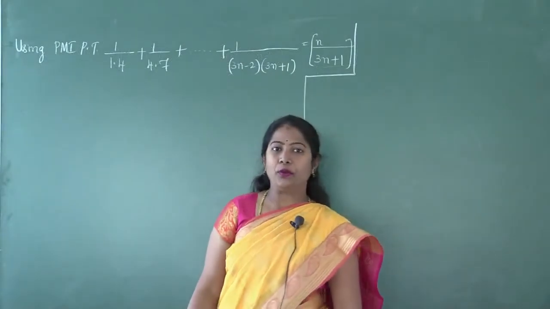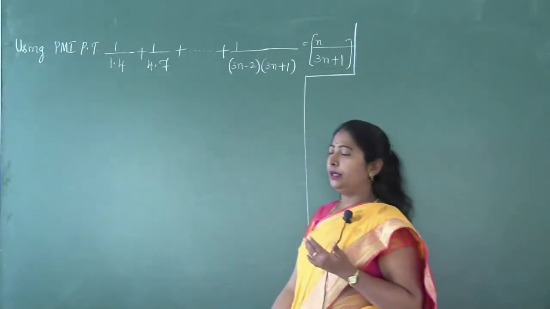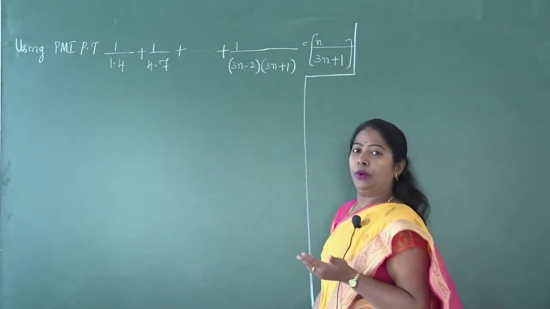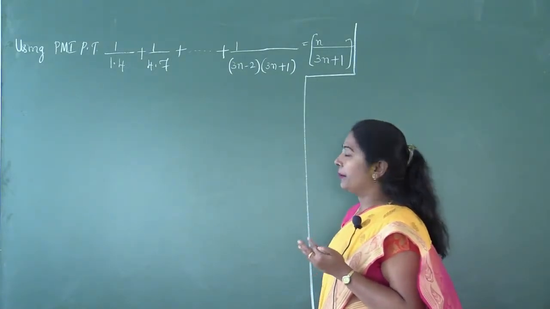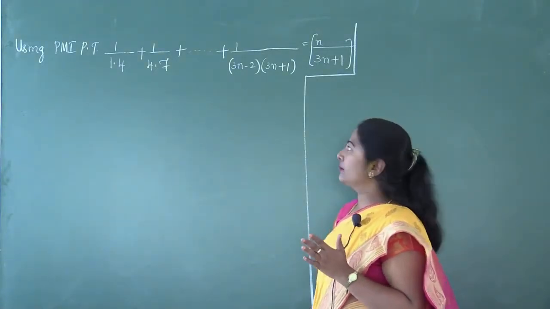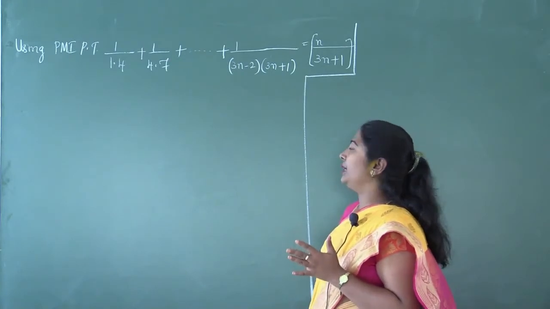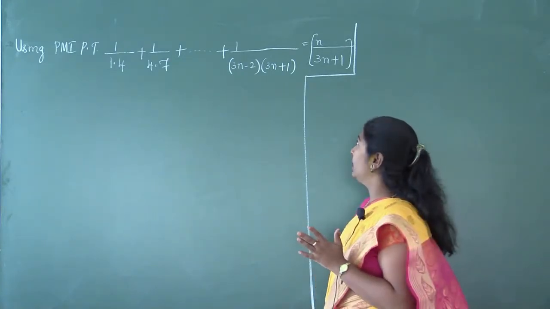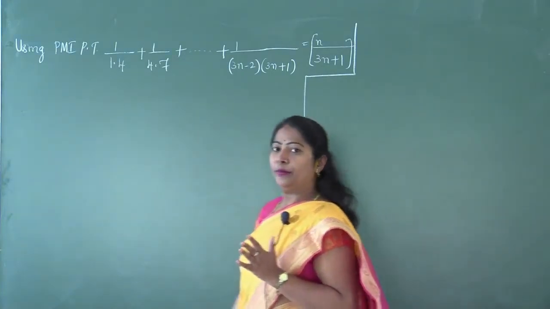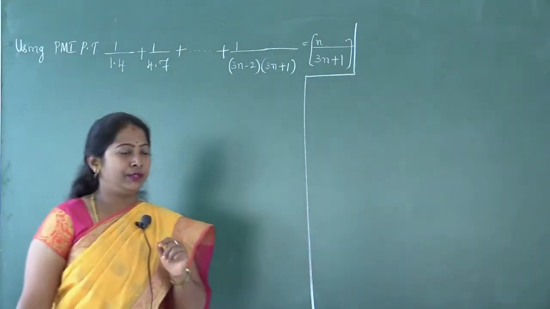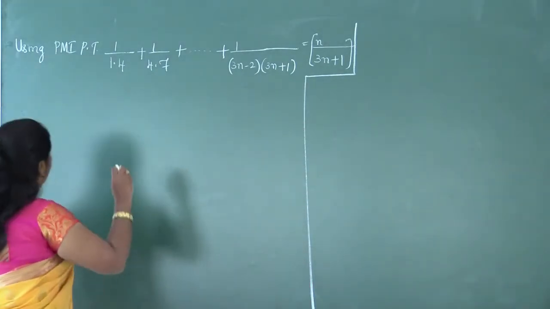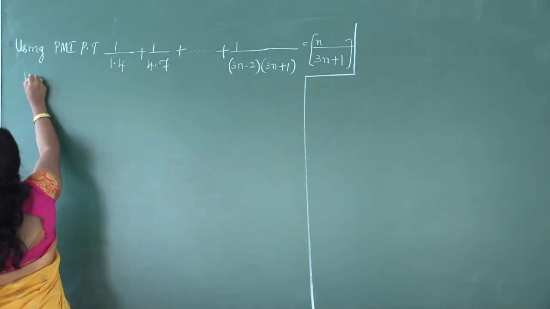Moving on to the next problem we have. Using PMI, prove that 1 divided by 1 into 4 plus 1 divided by 4 into 7 plus etc., 1 divided by 3n minus 2 into 3n plus 1, is equal to n upon 3n plus 1. So what is the first step? We shall denote the given statement as P of n.